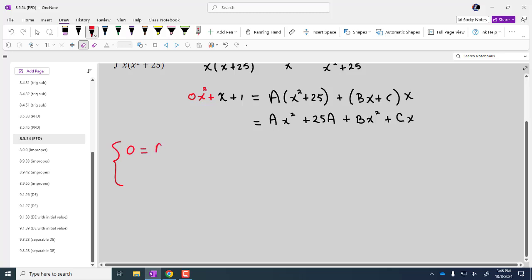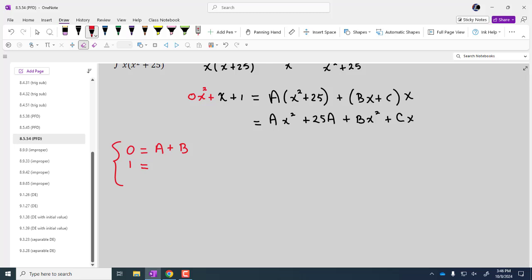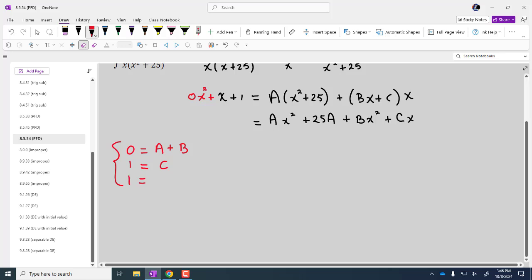I see an a plus b. On the left, I see the coefficient of x as a 1. On the right, I look for all the x's. All I see is c. On the left, the constant is 1. On the right, the constant, any term that doesn't have an x in it, just 25a.